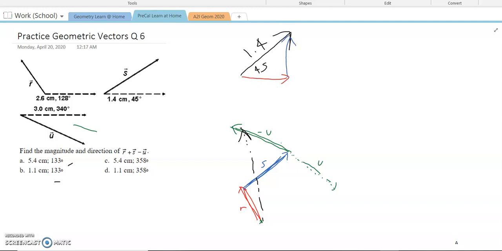And normally we represent them with X and Y values, so I'll go ahead and do that as well. We have a vertical and a horizontal component here. All I need to do is solve for them.